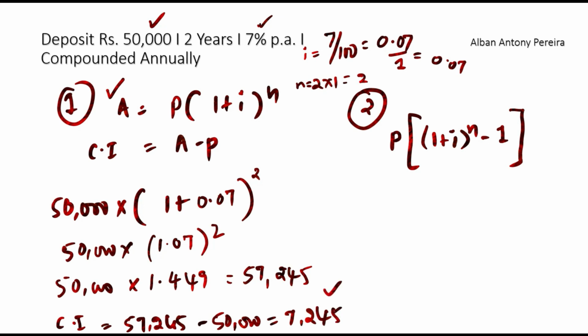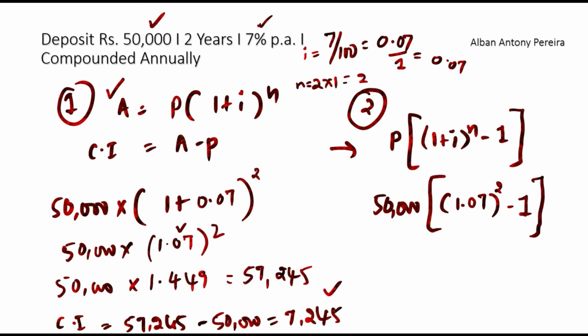Now let's cross verify whether this simpler formula method works and gives the same answer, 7,245, or not. Straight away we'll fill in the values. 50,000 is the principal multiplied by big bracket open, 1 plus i. The answer here is 1.07, right? So we can fill in 1.07 squared minus 1, bracket close. 1.07 squared, the answer we have here is 1.1449.